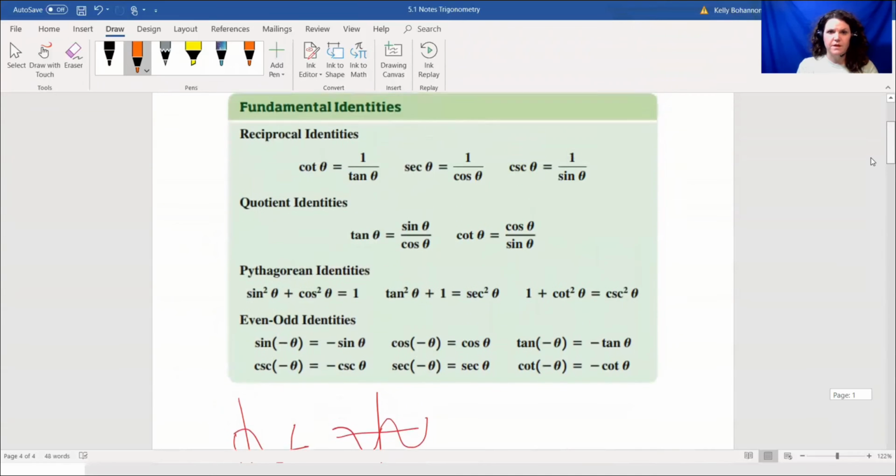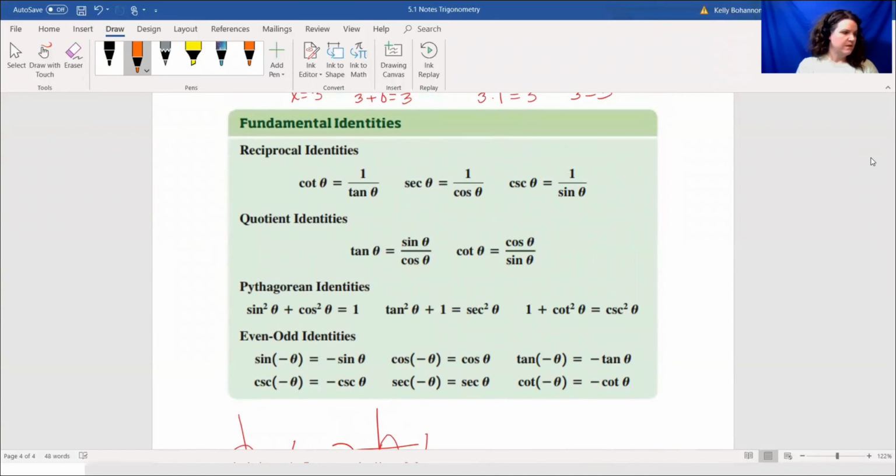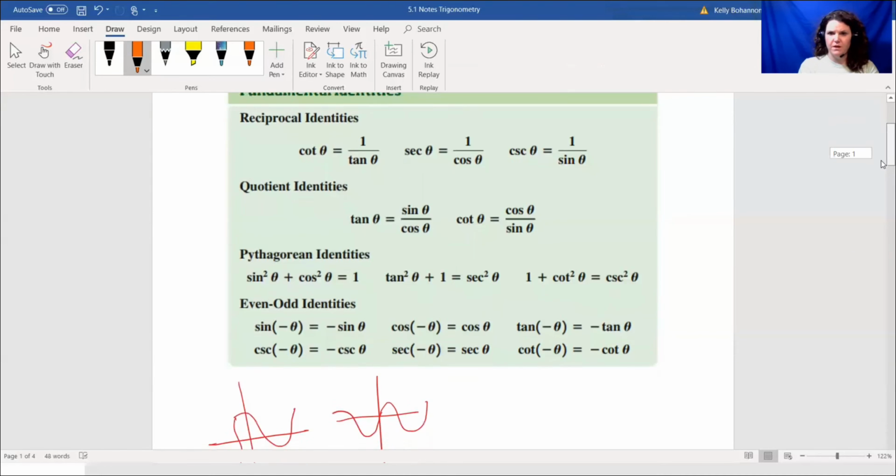So let's see, I have this one, 1 plus cotangent, and it's the same one. We're just going to rearrange it for cosecant. So 1 plus cotangent squared theta.